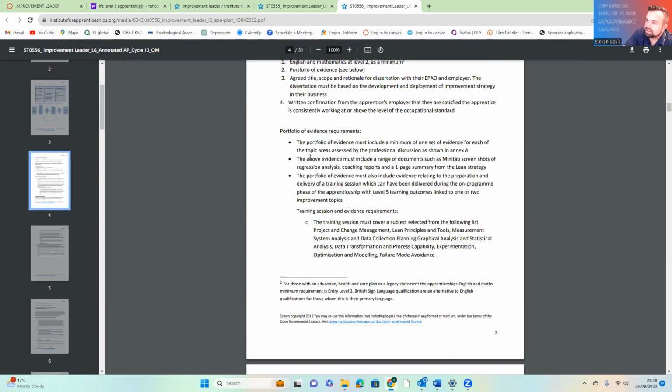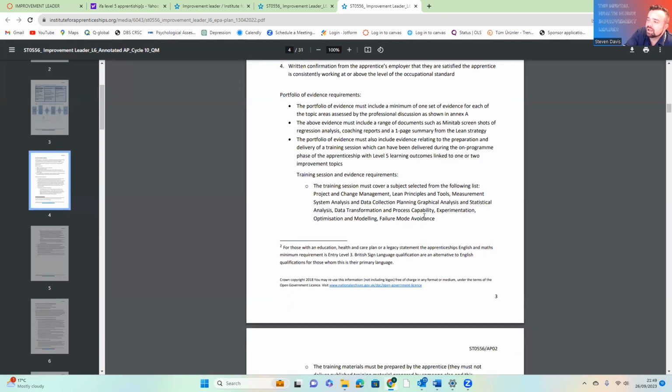so that's fine. The above evidence must cover the range of the documents in that screenshot down below which you've covered. The portfolio of evidence must include evidence relating to a presentation of a training session which has been developed during the on-programme phase of the apprenticeship, with a level 5 learning outcome linked to 1 or 2 improvement topics.